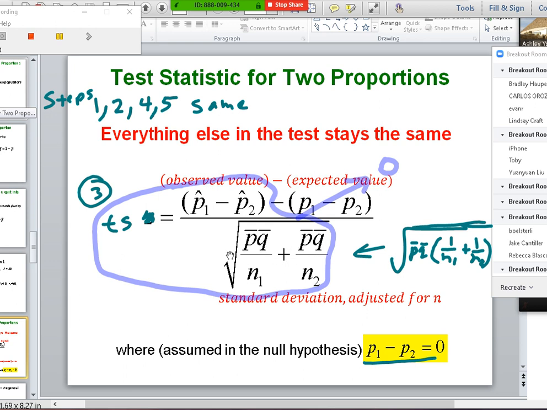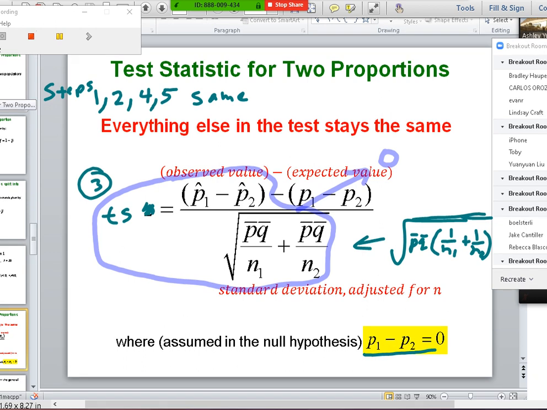So you add their variances and square root that. So it's the square root of p bar q bar over n1 plus p bar q bar over n2. But we've simplified that. In your notes, it's been simplified where they've pulled out the p bar q bar, so we put p bar q bar times parentheses 1 over n1 plus 1 over n2. So that's what you have in your notes.